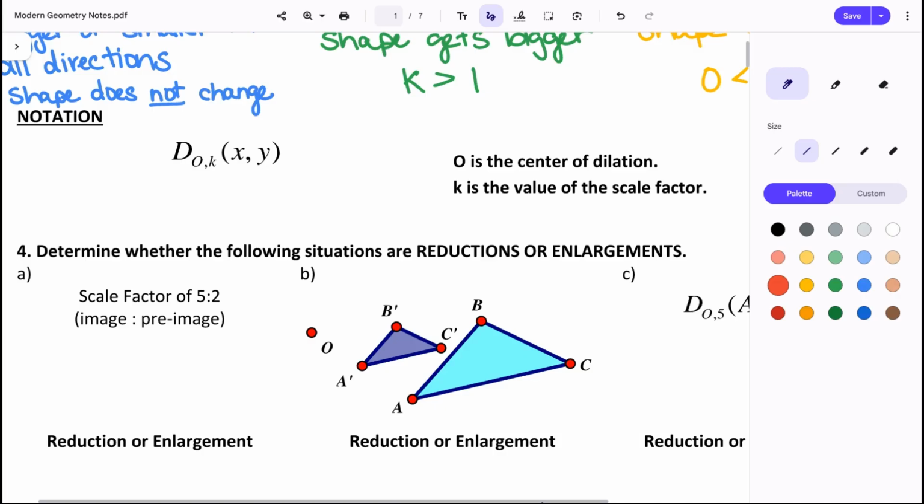What was it when we did a translation? Big T. And then you had maybe like a vector, or it would actually have like the rule. It had like an arrow, and it would say like x, you're adding or subtracting this number, y, you're adding or subtracting this number. And what did we use for a rotation? Big R. And I actually think this notation looks kind of like our rotation one because it has some of the same pieces.